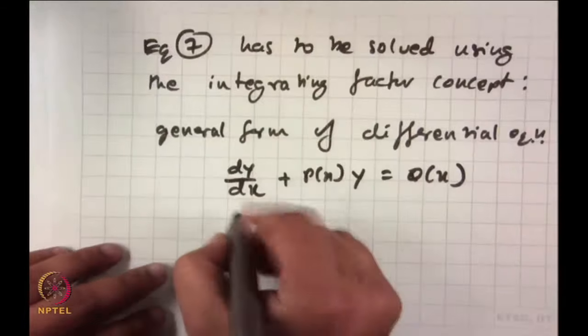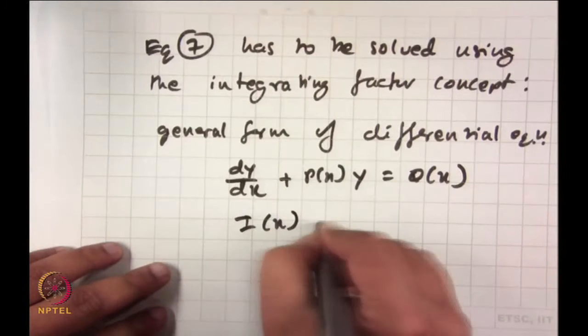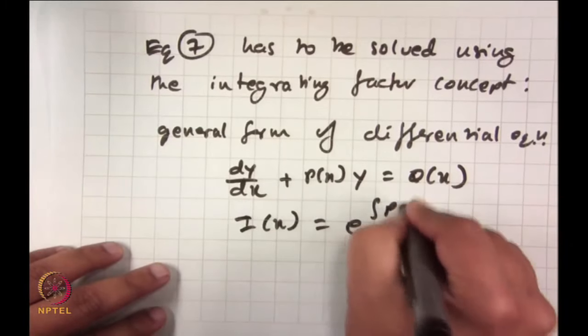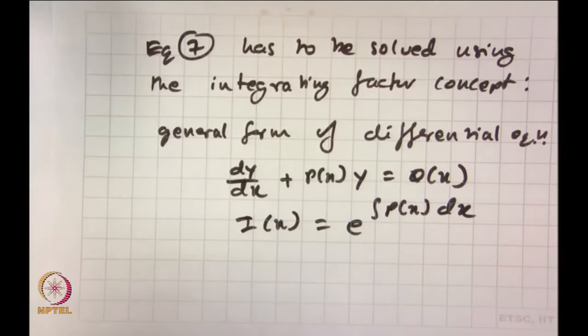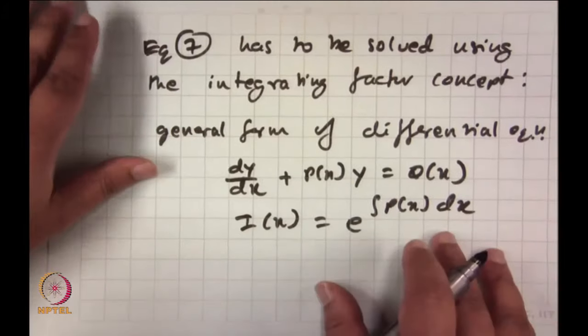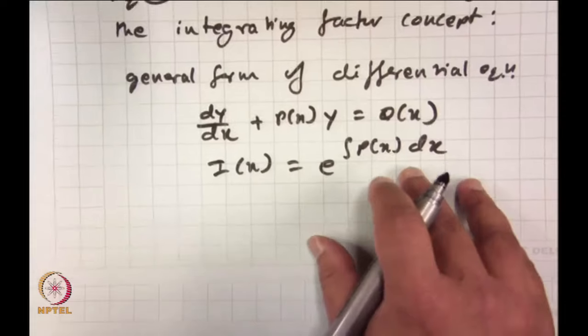where you say I of x is equal to e to the power integral p of x d of x. Now, if you compare this with the one you have, what is your y? Your y is your ensemble average of x x dot, and what is x? X is t in this case, okay. That is the only change you have to make, otherwise everything is exactly the same, okay. Now, p x is also defined for you, q x is also defined for you.